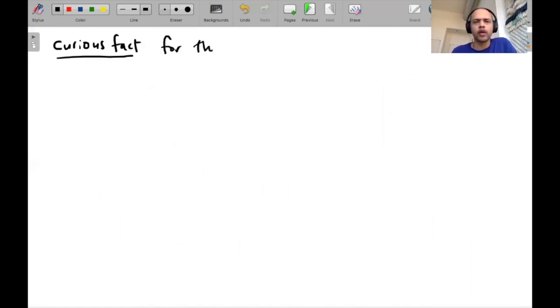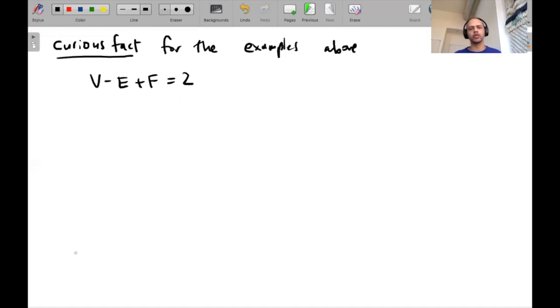So for the examples above, V minus E plus F is equal to 2. So let's see this.